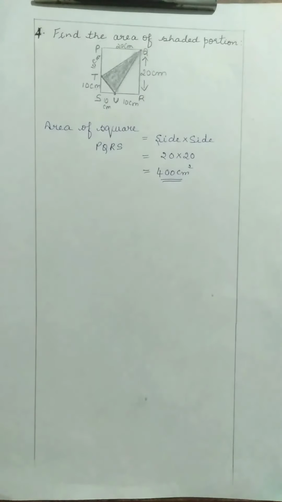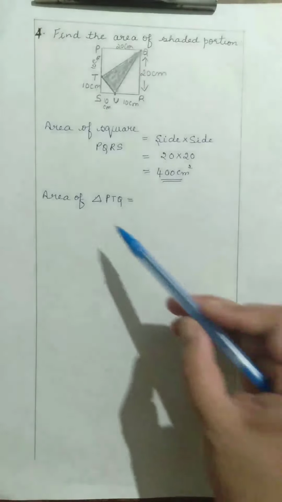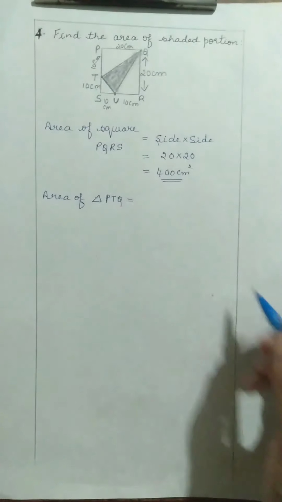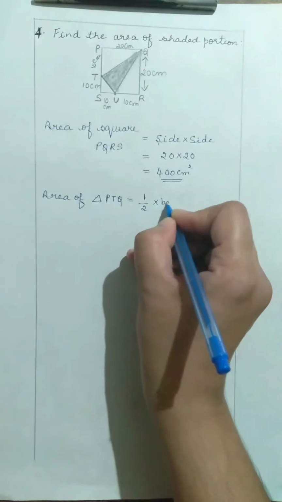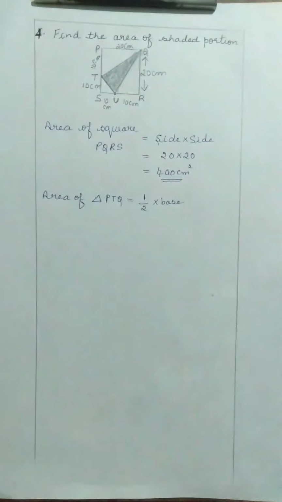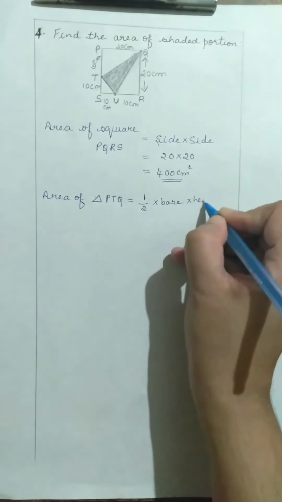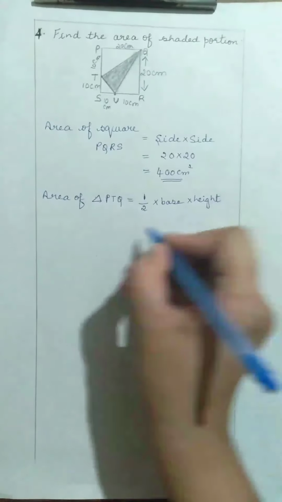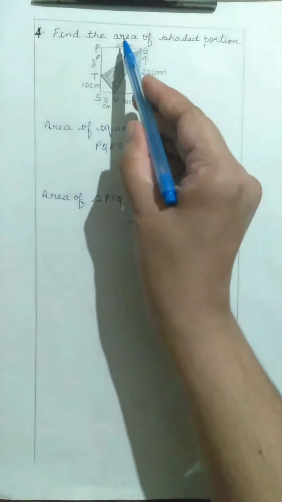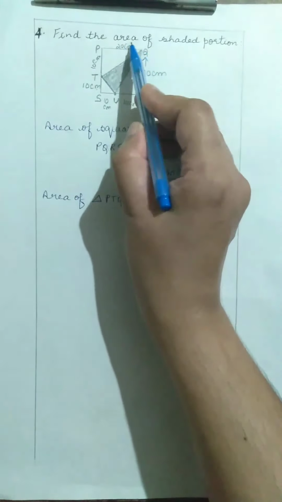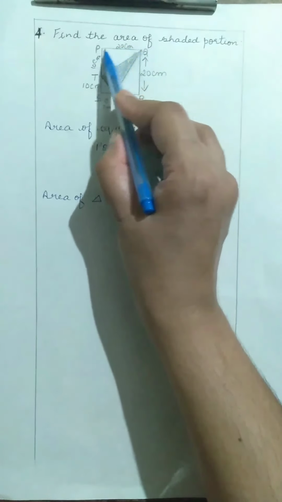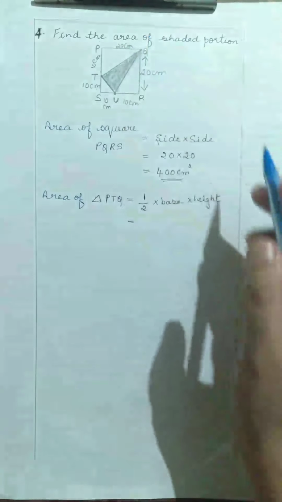Now we need to find out the area of the triangle PTQ. We know that for the area of the triangle we have the formula half into base into height. The base of the triangle PTQ, children, is equal to 20 centimeter.